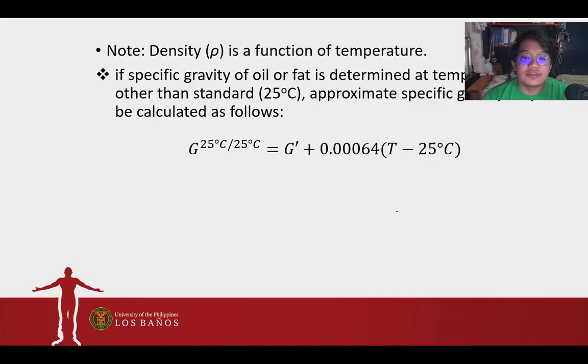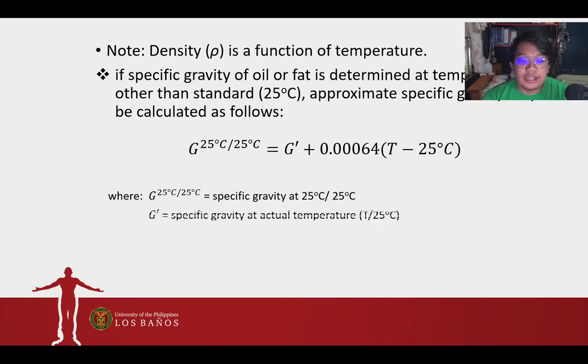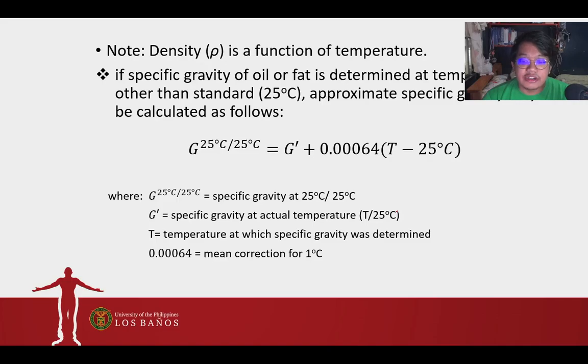You may use this formula where G 25 degrees by 25 is the specific gravity at 25 degrees Celsius. Then the G prime is the specific gravity at actual temperature. So, if you work higher than 25, ito yung gagawin natin specific gravity for that. Okay? And meron tayong correction. By correction, meron tayong mean correction for 1 degree Celsius. So, 0.00064 yung ginagamit natin.